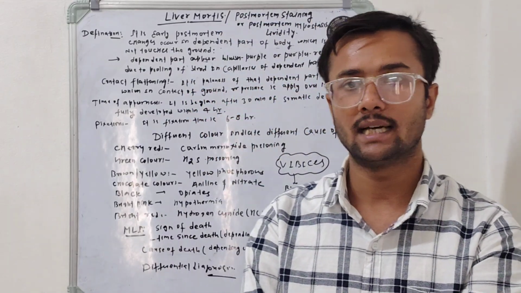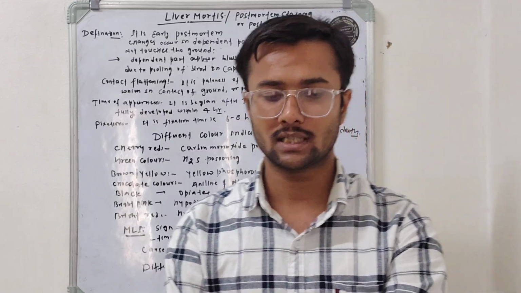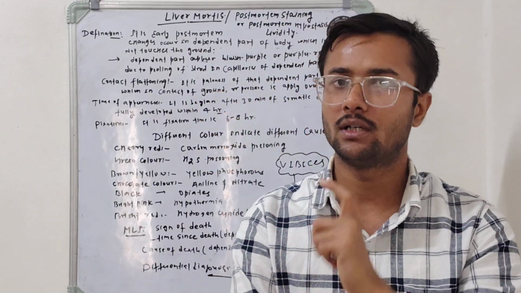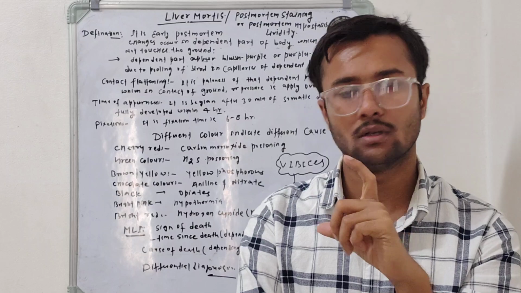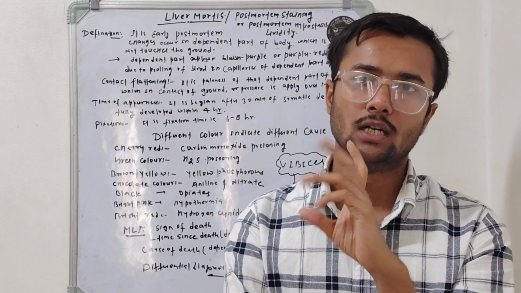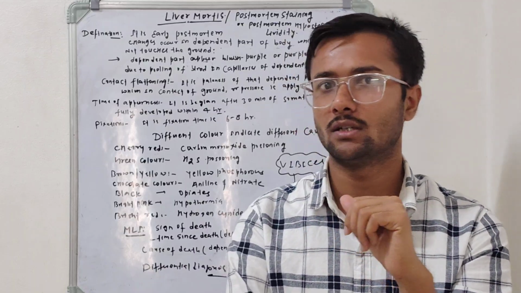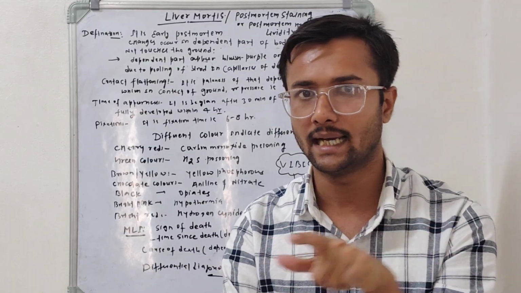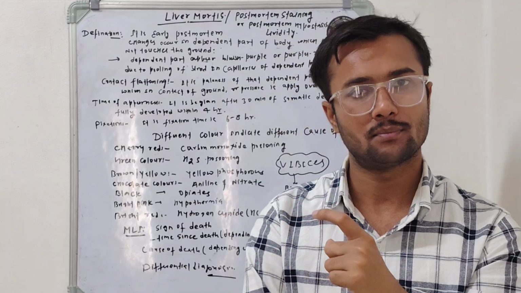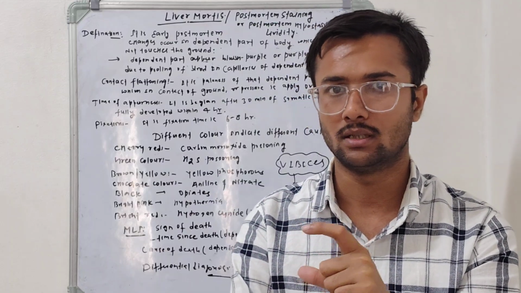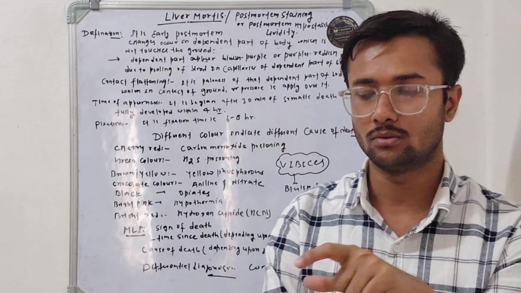Now the question arises, why does this fixation occur? Fixation occurs because after the death of the person, vascular permeability increases. When the vascular permeability increases, there is infiltration of the surrounding tissue by RBCs. Normally RBCs are present inside the blood vessels and are not infiltrated into the tissue.